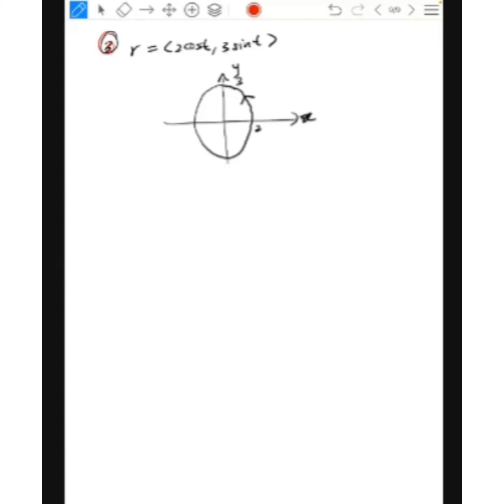Okay, before we find r prime of pi over 4, let us find r prime of t, in which we just differentiate r. Differentiating cos gives a negative sign, so negative sin t, and differentiating sin gives cos, so 3 cos t, at negative pi over 4. Then you just substitute the value into your calculator.